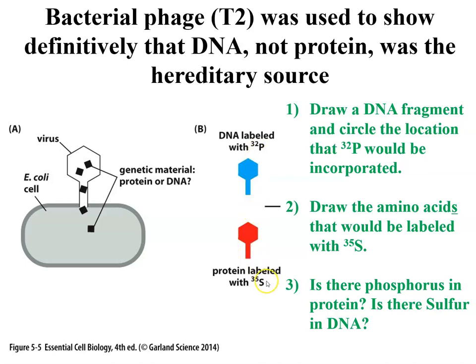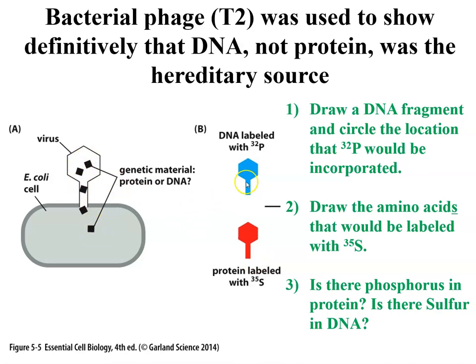And sulfur 35 is another radioisotope, a heavy labeled sulfur group that is going to be found in cysteine, but it's not going to be found in DNA. So having these two labeled with heavy phosphorus or heavy sulfur would allow us to figure out where the genetic material is coming from.